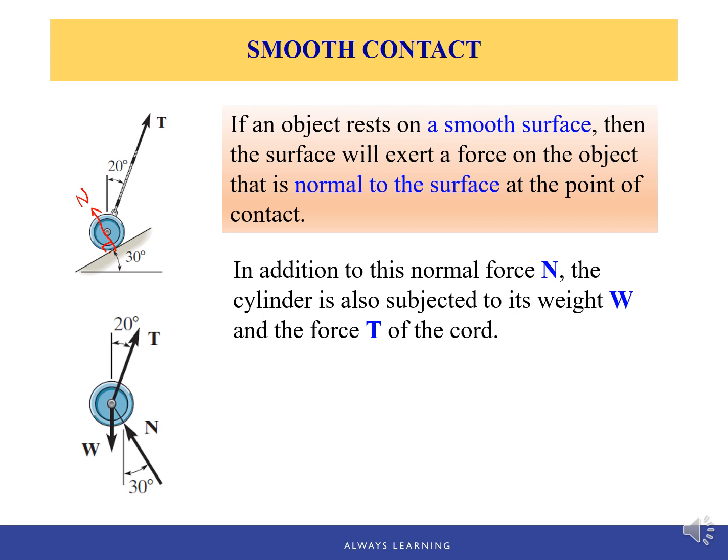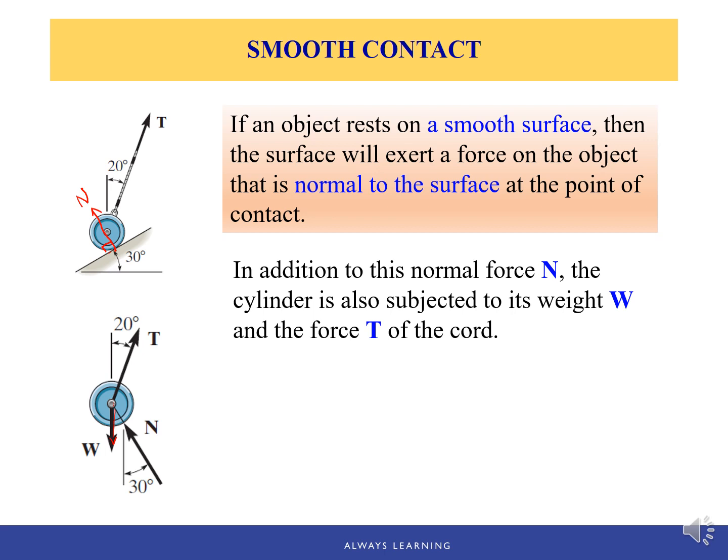In addition to this normal force N, if you're going to draw the free body diagram, we need to find all of the external forces exerted on this cylinder, or maybe we can simplify this cylinder into a particle. The cylinder is also subjected to its own weight. If the weight is given, and it didn't say the weight can be ignored, then we need to include the weight of the cylinder in the free body diagram as well.